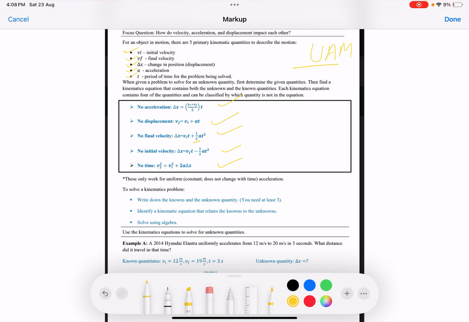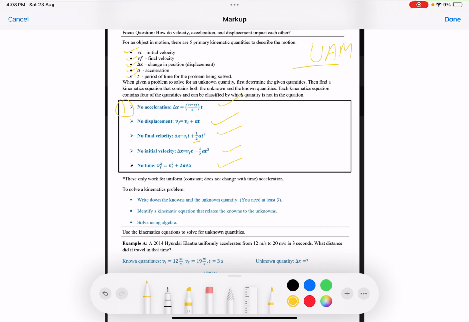As soon as you get 3 of them, you just jump to the kinematic equations. Like, see the first one. Here there is no acceleration. This equation just has displacement, initial velocity, final velocity, and time of flight. So if you have any 3 of them, you can just apply that.